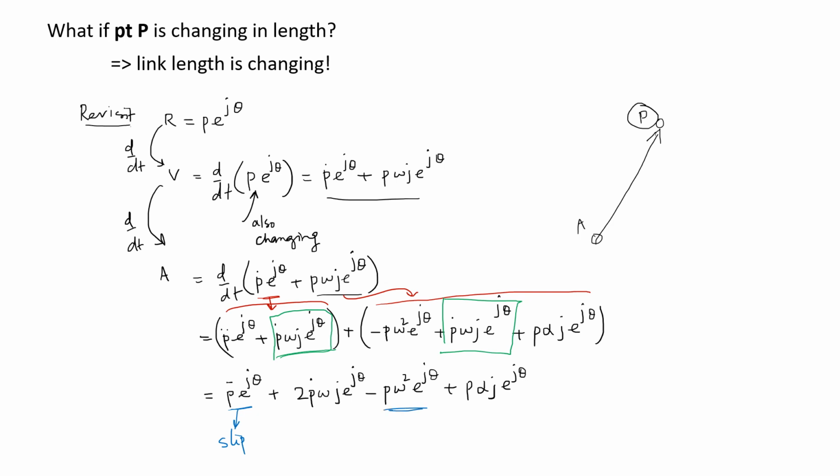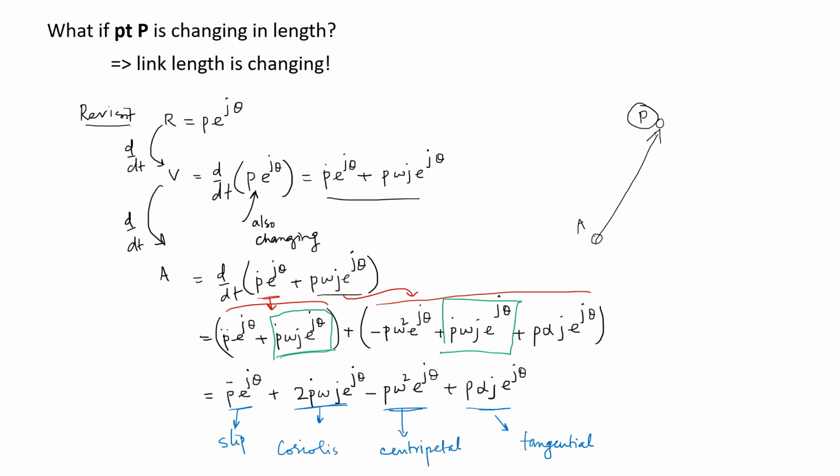This term has omega squared in it, and that was defined to be the normal, or if I may recall, the centripetal term. And there is this term which was already there in the previous expression as well. That was the tangential component of it.